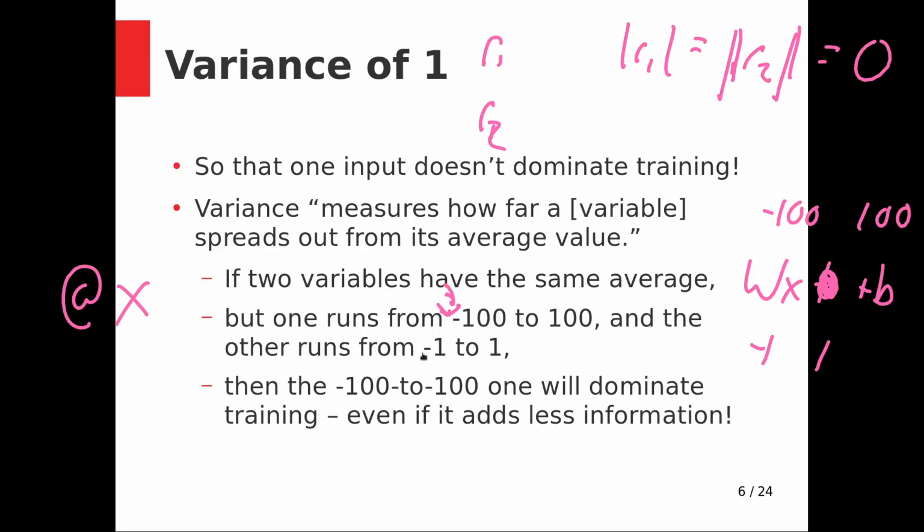And that could be a problem because the high variance, the extreme values, don't necessarily mean that this is a useful variable. This variable might add very little information that we care about, and so we would hope that it would play a very low role in training, but just because its values are so extreme, it might dominate training and weight updates anyway.